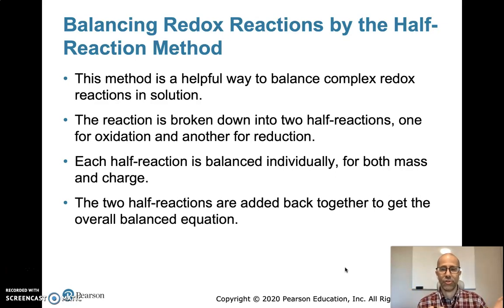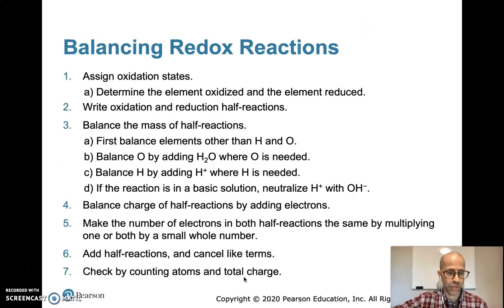Okay? Once you've got the number of atoms on both sides balanced, then you balance the charge. The charge has to be balanced as well. So both sides have to have the same amount of charge, either plus or negative. And then once you balance those two half reactions, they're put together into an overall equation.